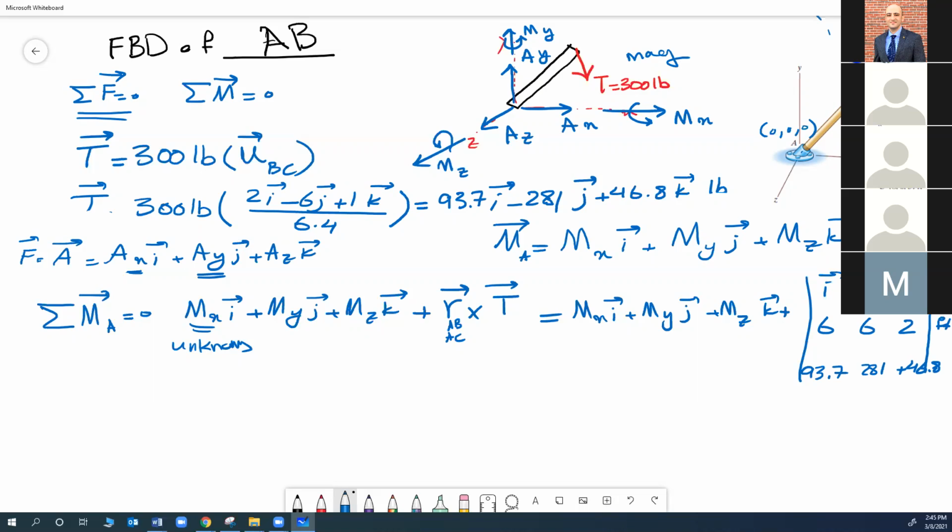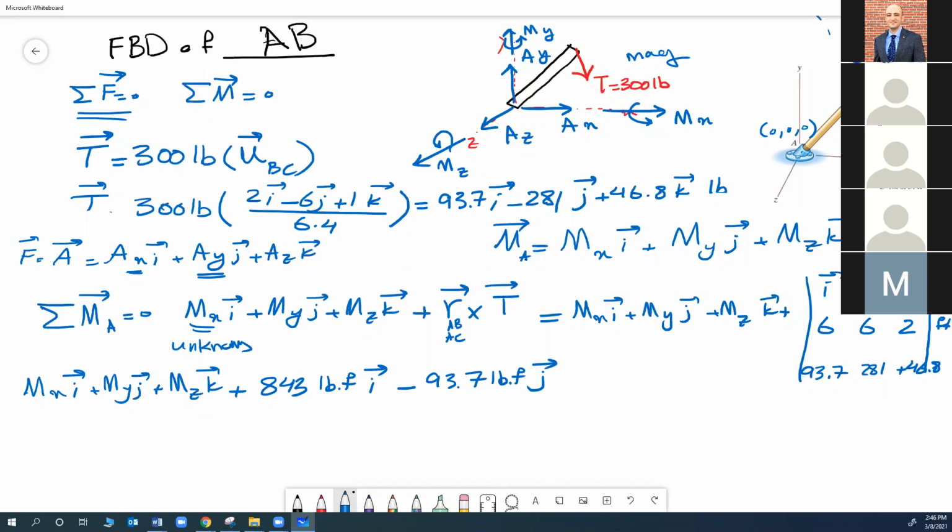Okay, so if you do the math, it's going to be Mx i, My j, Mz k plus 843 pound-foot i minus 93.7 pound-foot j. This is the result of this determinant.